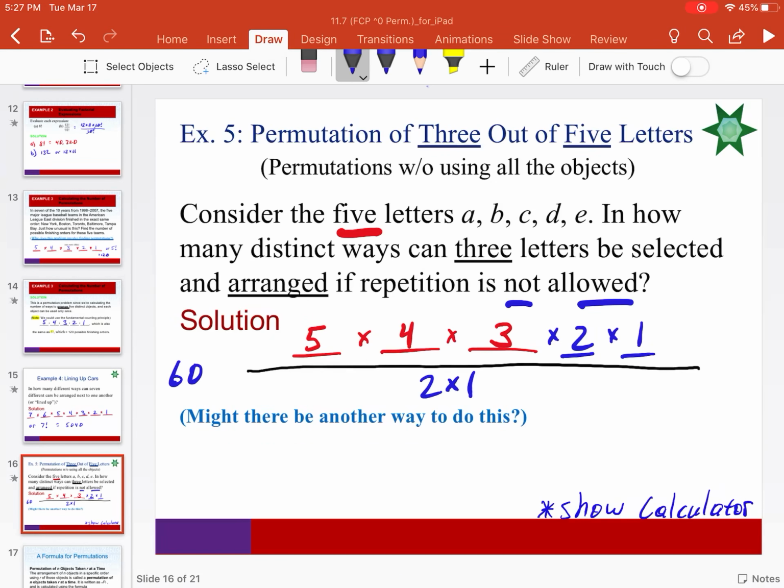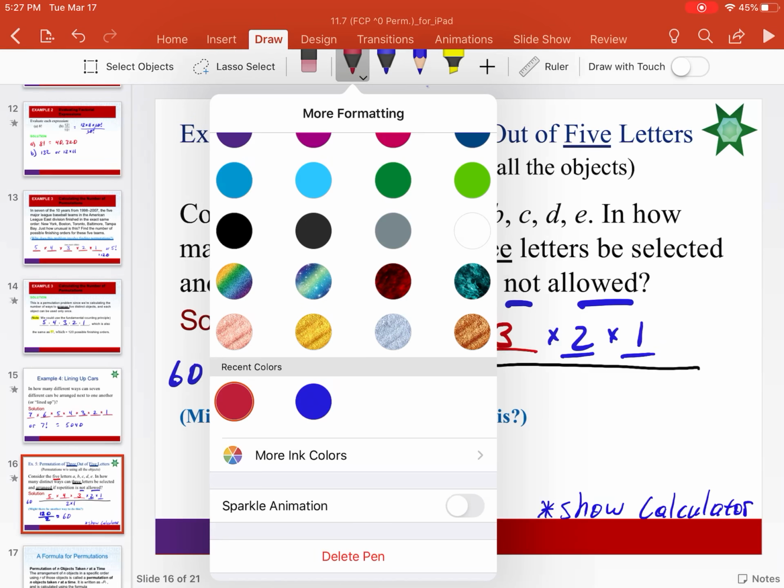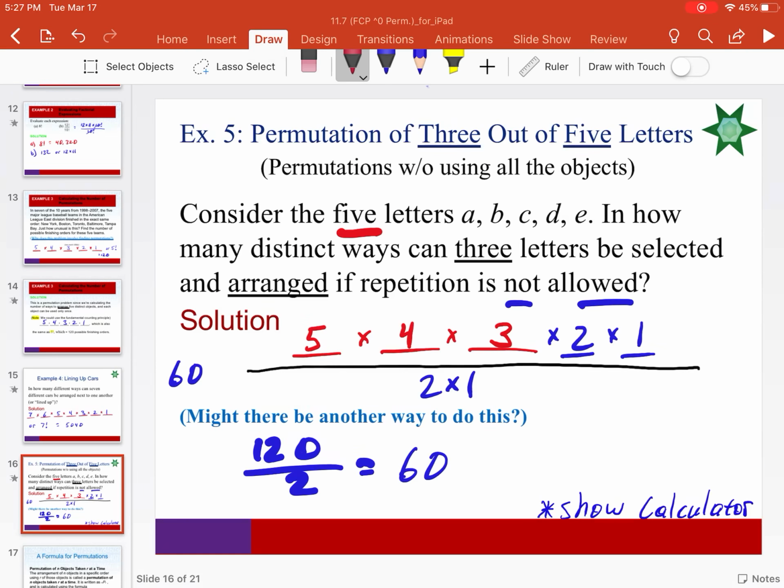This would give me 120 divided by 2, or 60. Okay? So you might be thinking, well, what does that accomplish? Well, if you think about it, that actually accomplished something pretty clever. Because now, how could I rewrite the top? What is 5 times 4 times 3 times 2 times 1? Well, that is 5 factorial. And what is 2 times 1?